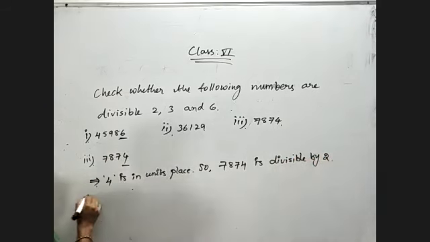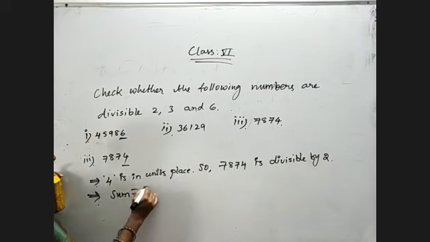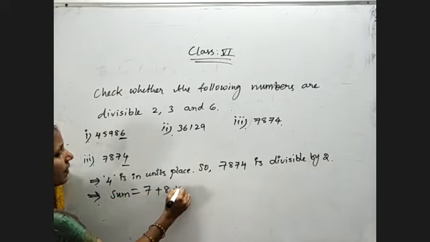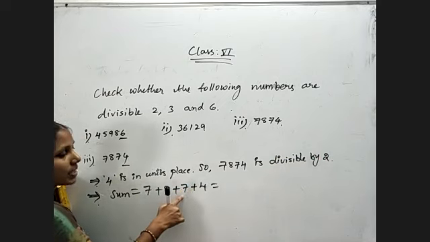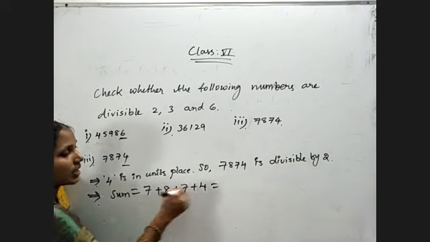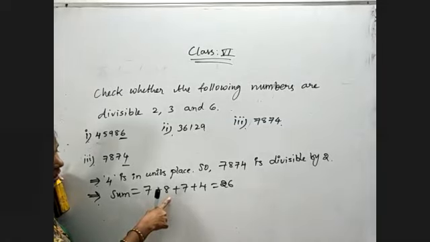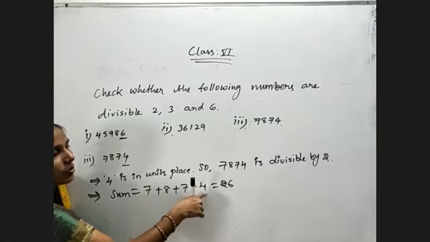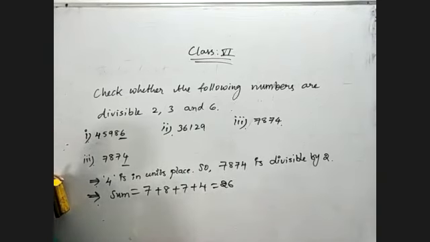And coming to the second, the sum of the digits. 7 plus 8 plus 7 plus 4 is equal to 7 plus 7, 14. 14 plus 4, 18. 18 plus 8, 26. Are we getting 26 in the 3 table?